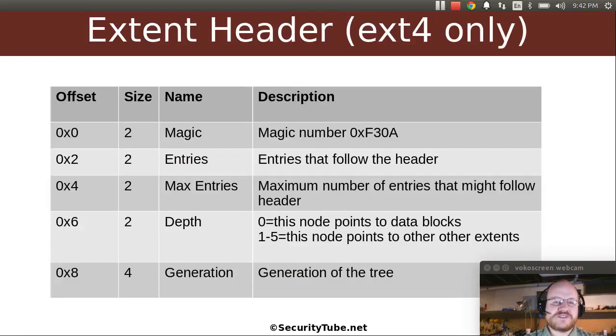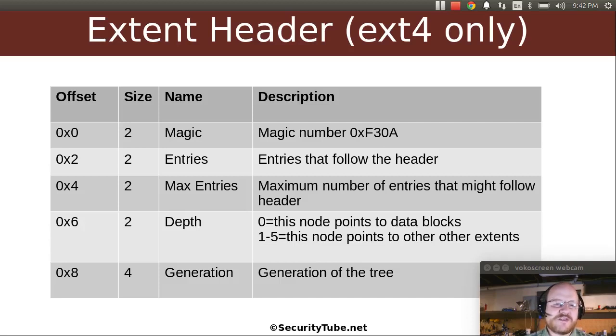Each of these structures is 12 bytes long. The header, which we saw in a previous video in one of our examples, contains a magic number, F30A, and then it has the number of entries that follow. After that, it has the maximum number of entries. In other words, how much space is there to store entries after this header?